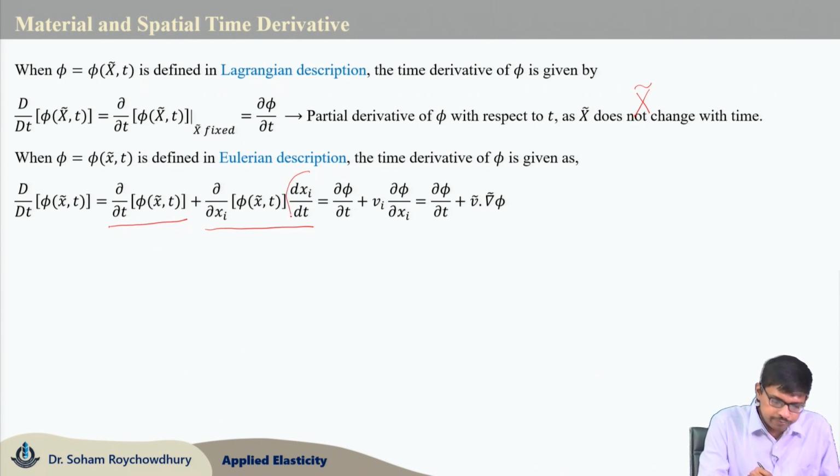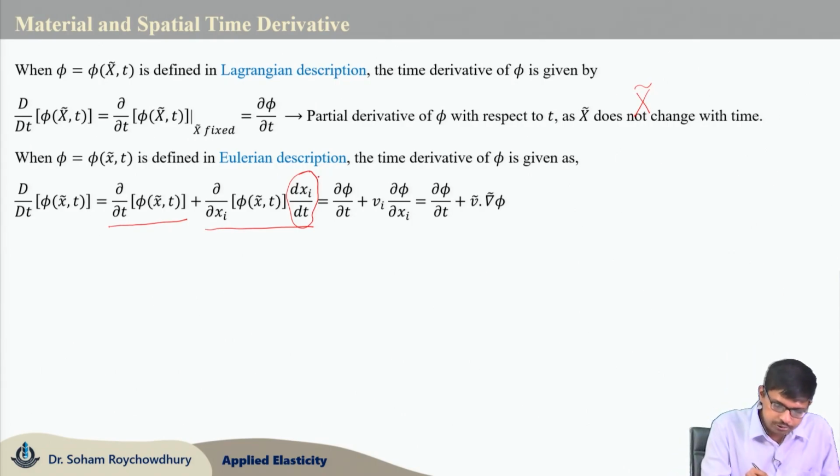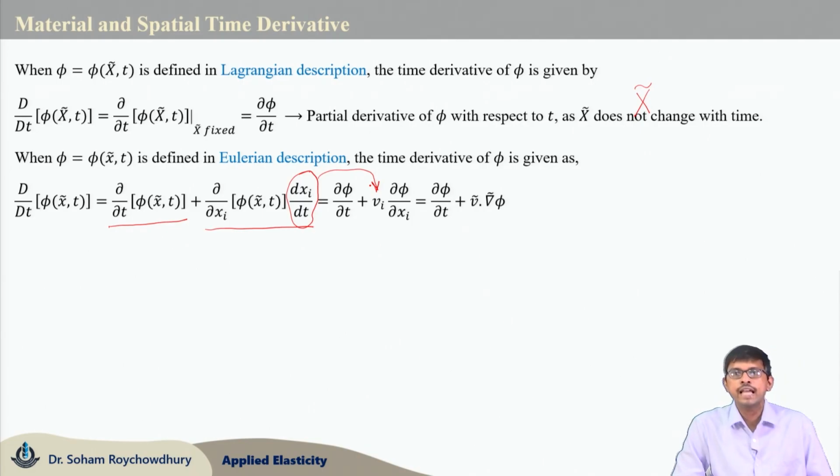d xi dt, this quantity is nothing but the velocity component vi in the deformed configuration. So, this is written as vi and thus the total time derivative becomes del phi del t plus Vi del phi del xi. Vi del phi del xi can also be written as V vector dot gradient of phi.